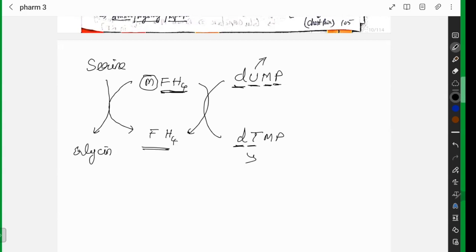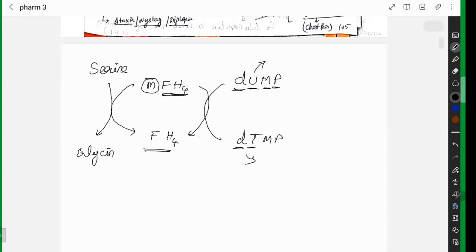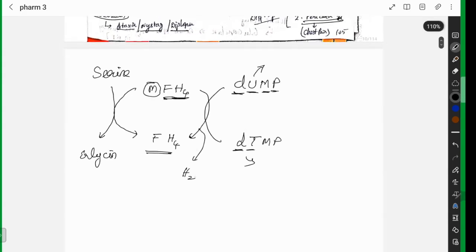Now, in the methyl group, there is a giving up of carbon, and H2 is given outside. For this process you are going to have dihydrofolate reductase. This enzyme is required for converting your methyl tetrahydrofolate to tetrahydrofolate.